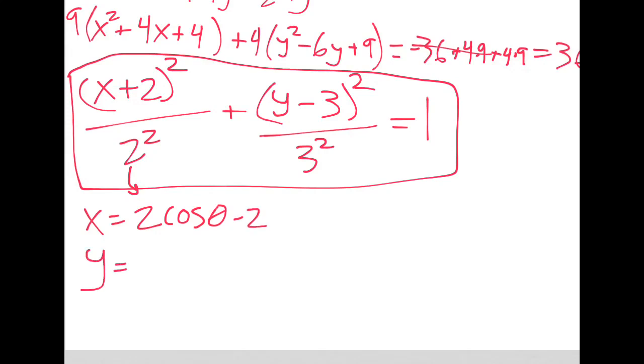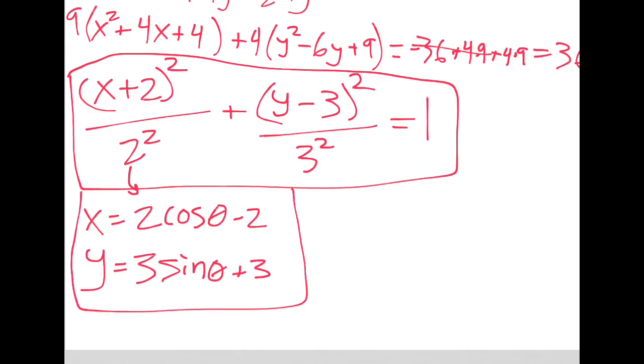For our y equation, again, notice that the 3 squared is the denominator, so that's going to give me a coefficient of 3 times the sine of theta. Since it's minus 3 up top, that means my k value is a positive 3. And I get my parametric equations right there.